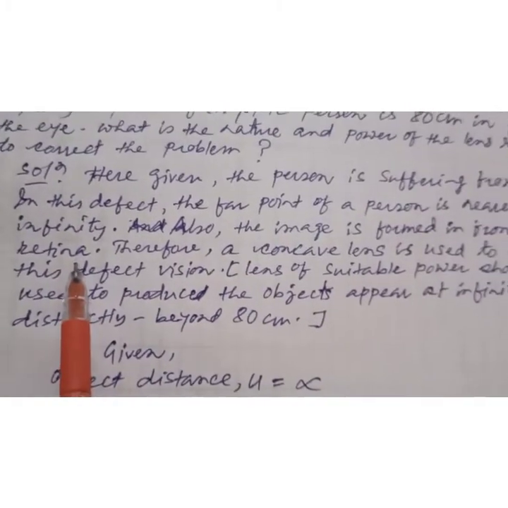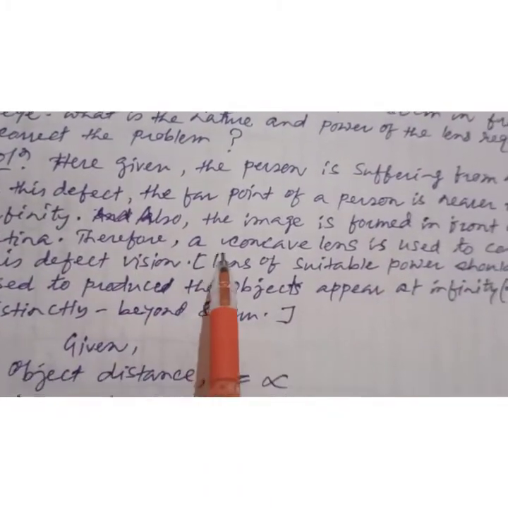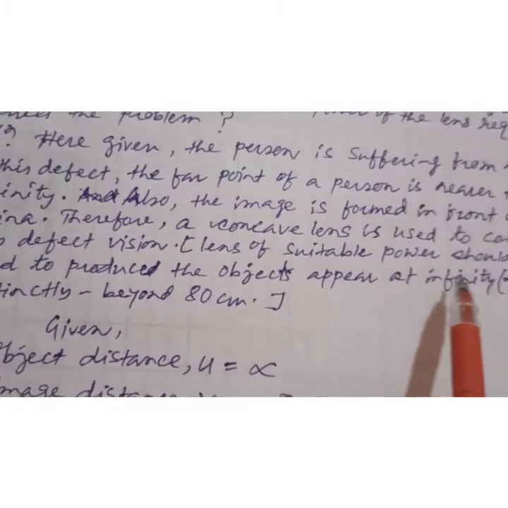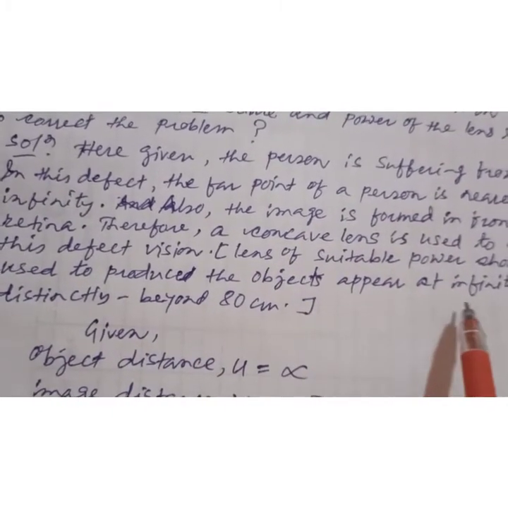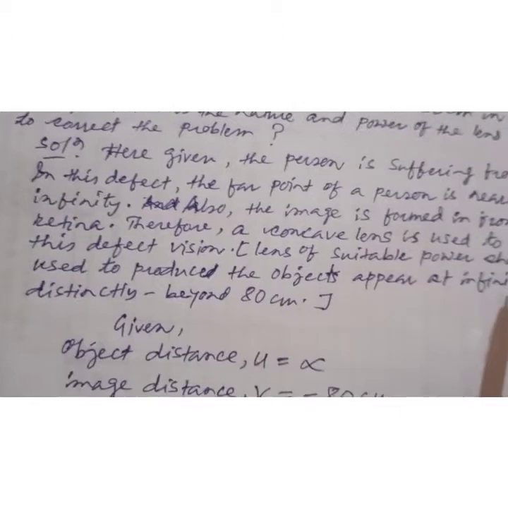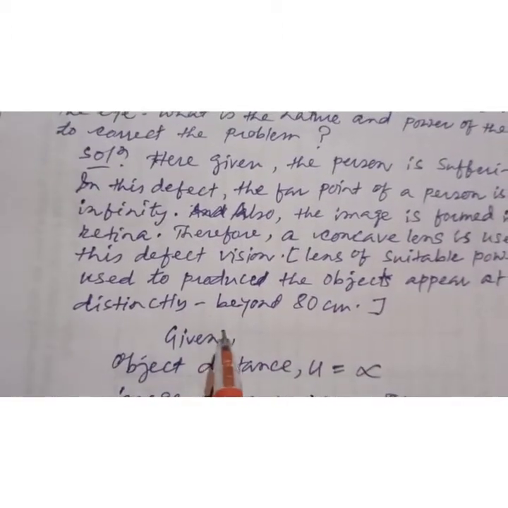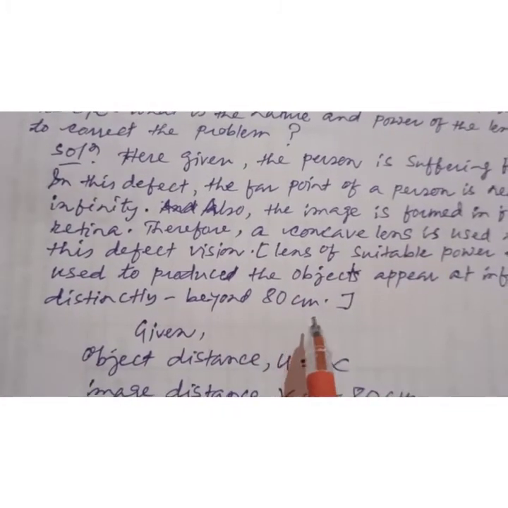So be careful, sometimes this question also used to come. Therefore a concave lens is used to correct this defect of vision, because a lens of suitable power should be used to make the object appear at infinity, that is the symbol of infinity, and distinctly, that is beyond 80 cm.